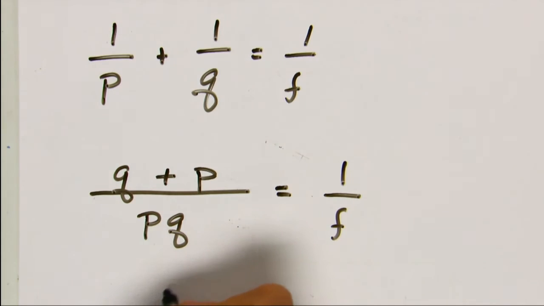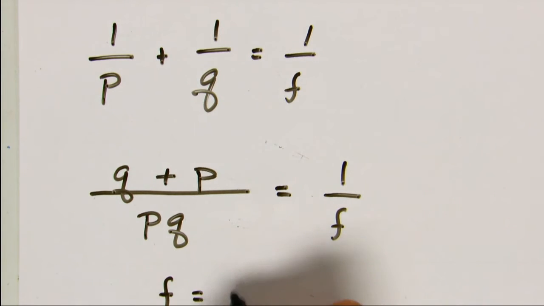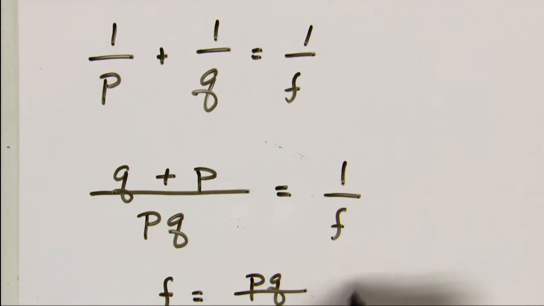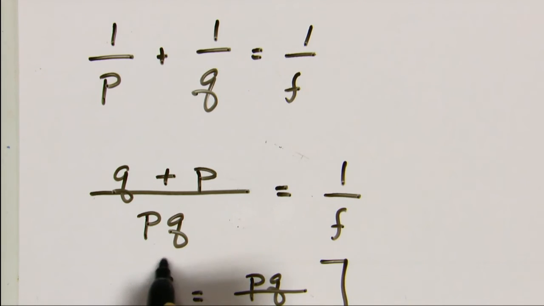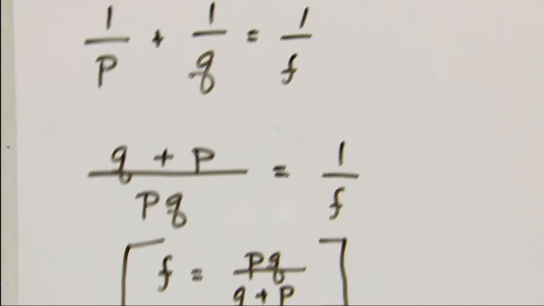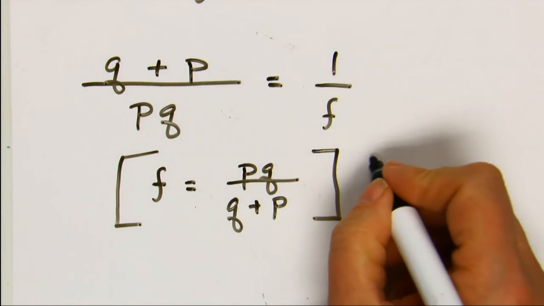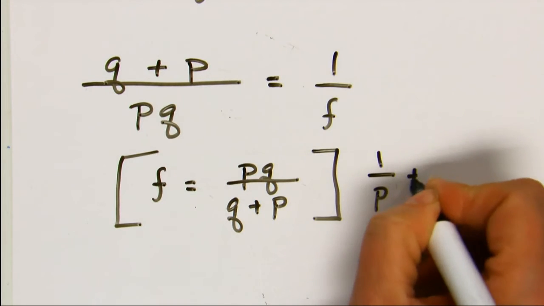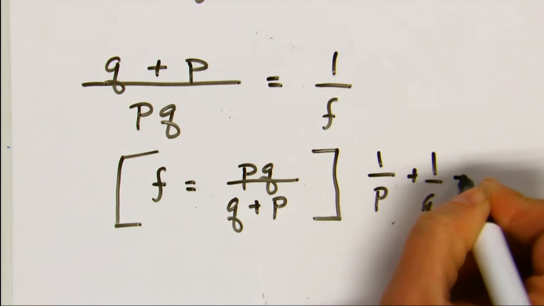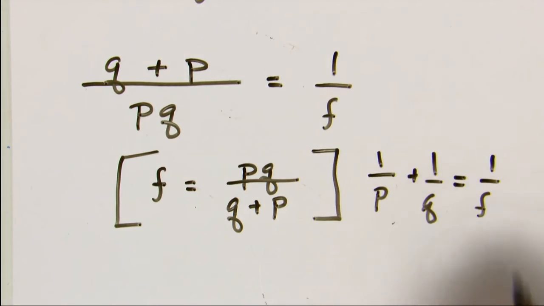I'm going to flip it so that the focus is going to equal PQ over Q plus P. So in a lot of books, you'll actually see it written that way, versus written as 1 over P plus 1 over Q is equal to 1 over F.